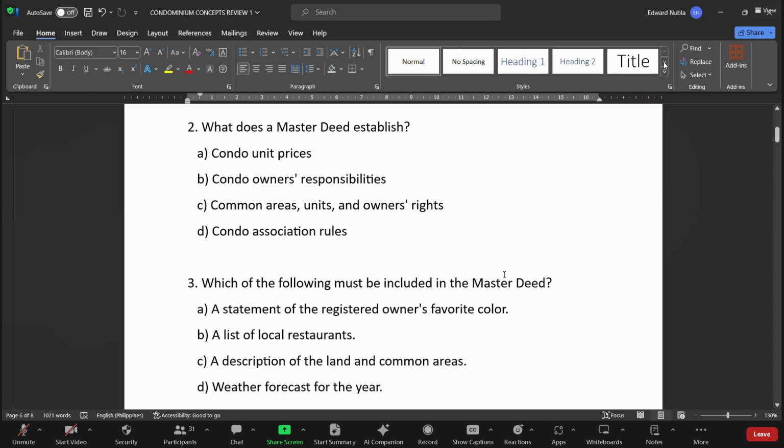Next, number three. Which of the following must be included in the master deed?